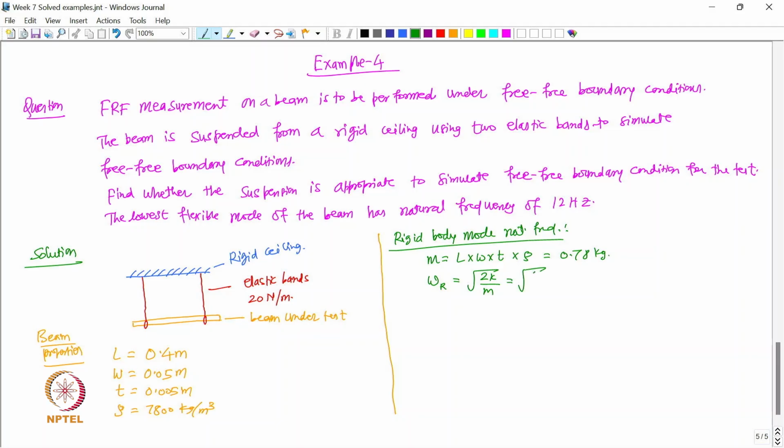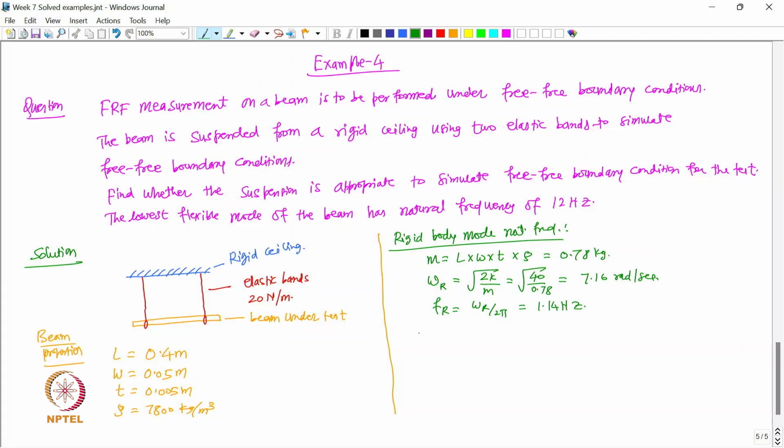So, that means 40 divided by 0.78, and that gives me around 7.16 radians per second, and in terms of hertz this is omega r upon 2 pi, and that is 1.14 hertz. So, that is the rigid body natural frequency. You can see that because of very soft bands, the structure is going to vibrate very slowly, completing little more than one oscillation in 1 second. That is pretty low. But whether it is good enough or not, we will find out by comparing this with the lowest flexible mode natural frequency.